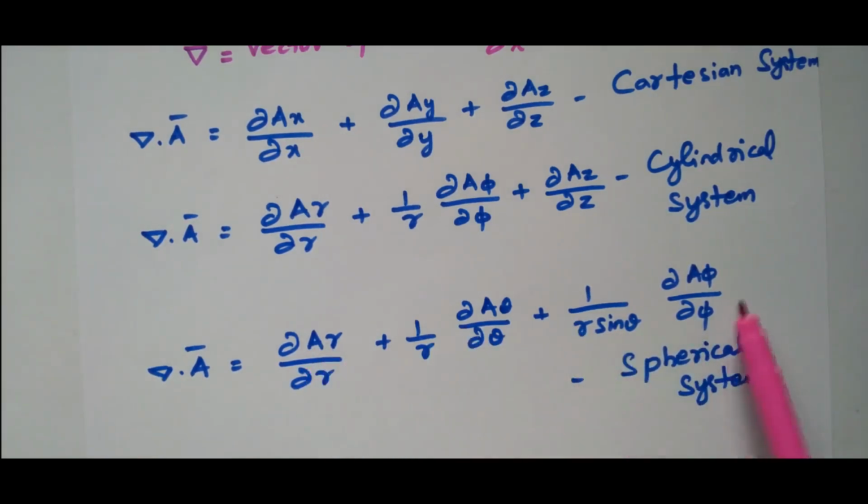So all three become length parameters, right? In Cartesian we have x, y, z. In cylindrical we have r, phi and z. In spherical we have r, theta and phi, right? So we can find the del operator using any one of these coordinate systems.